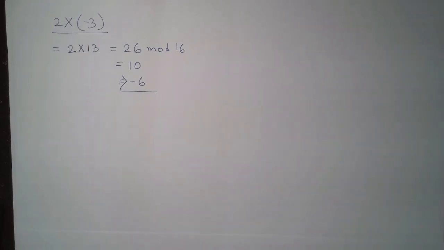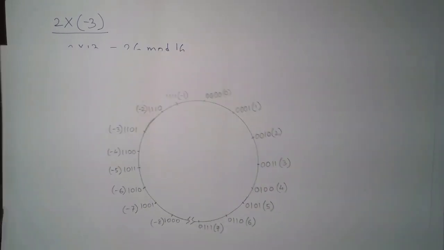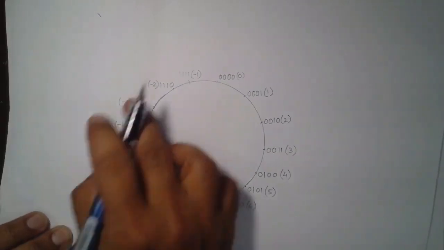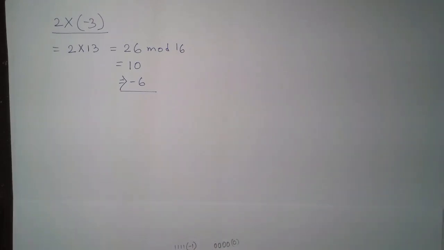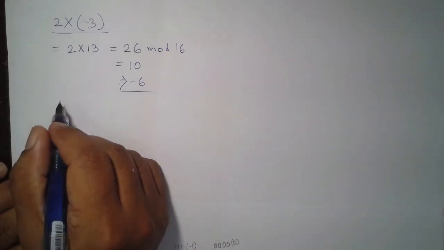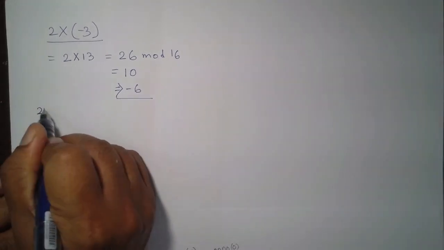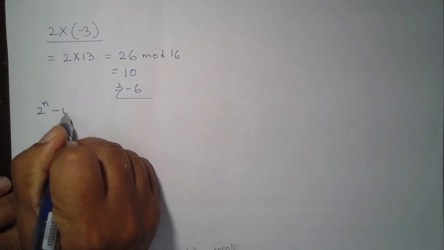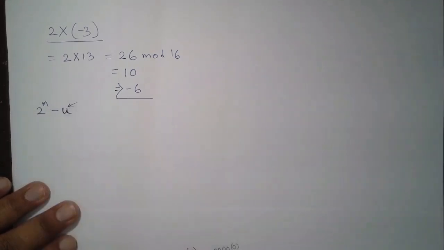So how do we find the 2's complement of a number? If this number circle is in front of us, then we can easily find this, but otherwise, whenever we get a negative number, we have to do this operation 2 to the power n minus u, where u is the number which we want to represent in 2's complement.